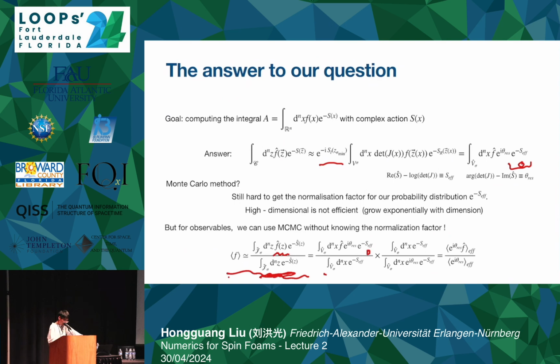So this basically defines a probability distribution which weights our observable. So we can use the Monte Carlo, the Markov chain method, or the Metropolis method to sample our observables, which is F. So finally, we know how to calculate observables, even though we don't know how to calculate the transition amplitude because we cannot estimate the volume.